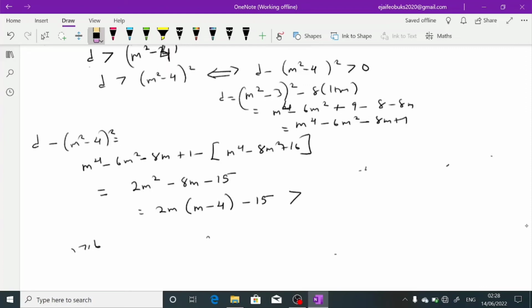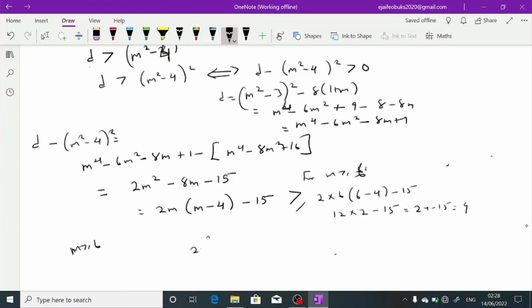If m is greater than or equal to 6, this is 2 times 6, 6 minus 4, minus 15, 12 times 2 minus 15, 24 minus 15, 9.